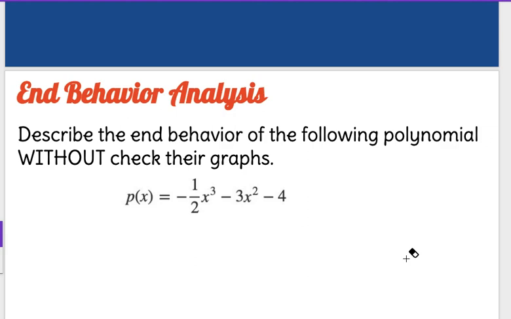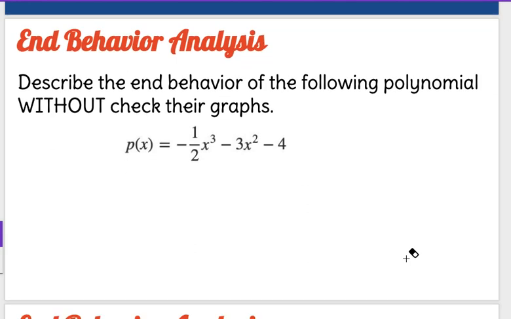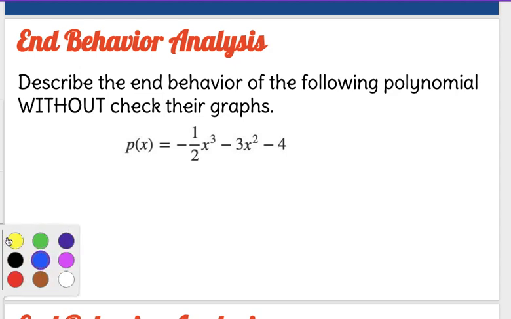The first example. As you can see here, instead of using a graph, we are going to use just the expression of the polynomial. So the function of the polynomial is given. Now we are going to use this expression only to describe the end behavior. In the previous video, as we mentioned, in order to find end behavior, we are going to use two pieces of information.